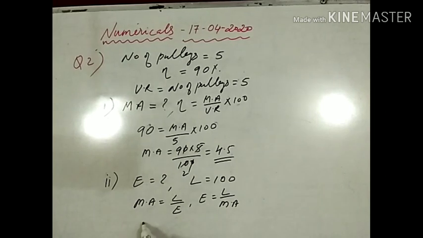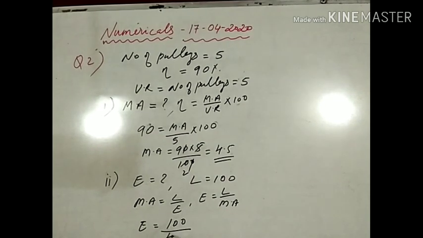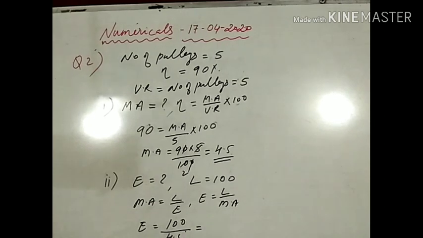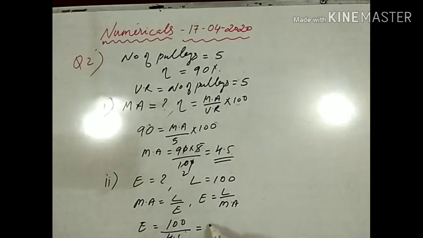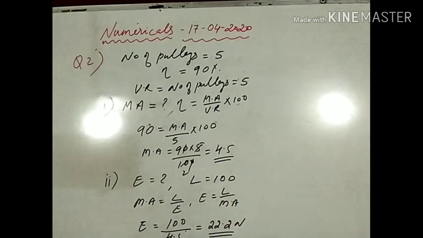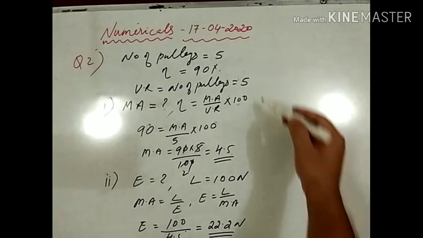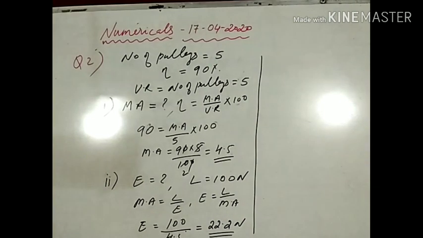Clear? Effort is equal to, what is the load? 100 upon 4.5. 100 divided by 4.5, how much is it? It is coming as, calculate and see, 22.2 Newton. 22.2 Newton is the effort required to lift a load of 100 Newton.